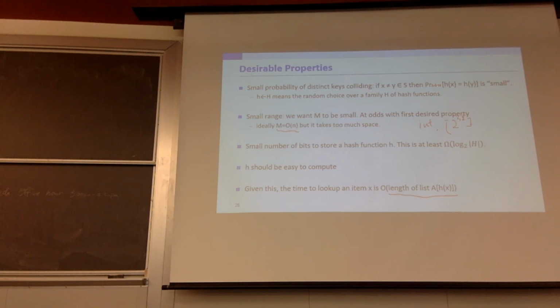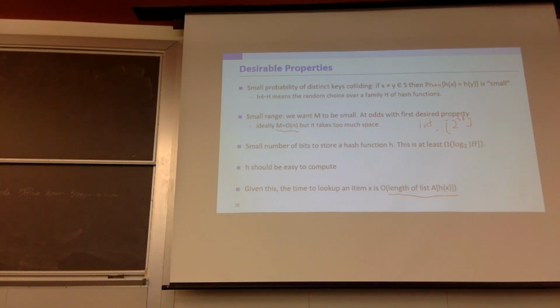You cannot create that many buckets so that they all fit in memory. So typically we will need a smaller hash range, and still we want a constant number of elements in each of these buckets.